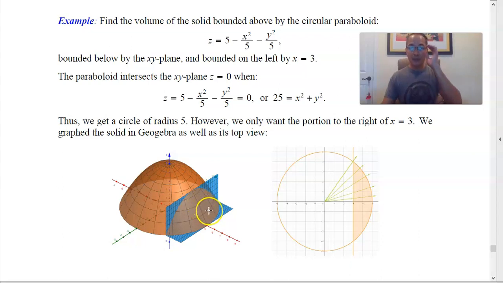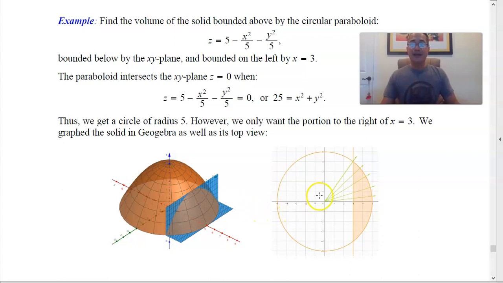In this example, we're looking for the portion which is to the right of x equal to 3. In the previous example related to this, we found the volume of this entire parabolic portion, but now we're cutting off a little slice. It kind of looks like cake, and we're cutting off the edge for ourselves.